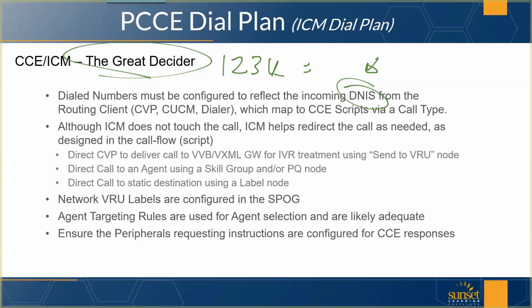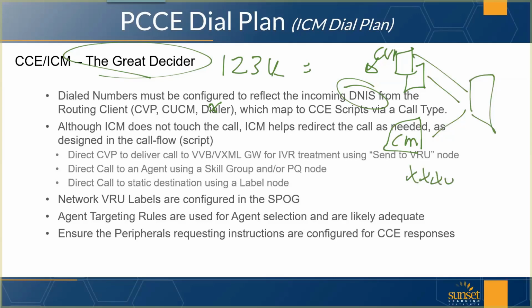So the very first thing we need to do is to add those dialed numbers. And we need to add the dialed number for each of the potential routing clients that could deliver that call. I'll leave the dialer out, but considering, say, CVP, and there might be several of them, and say Call Manager, all could potentially be delivering a dialed number XXXX into ICM.